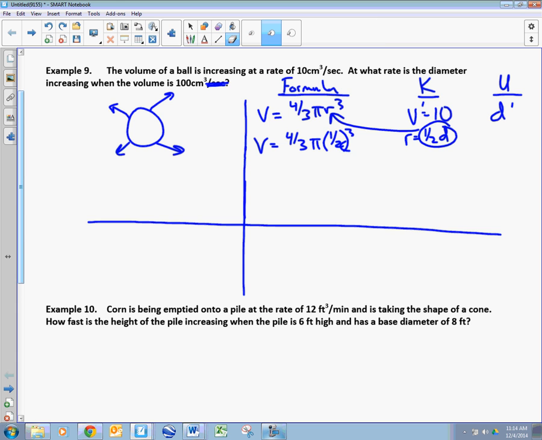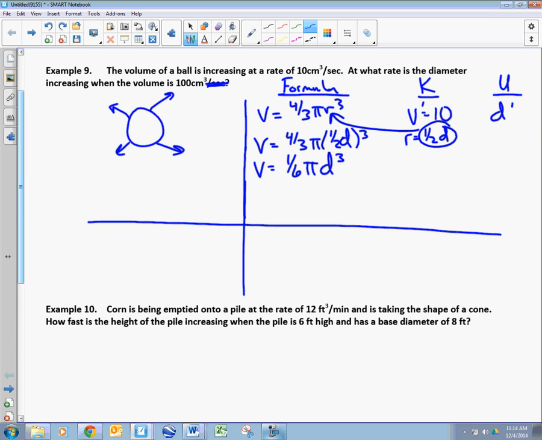Oh gosh, horrible drawing today. All right, so what is 1/2 to the third power? 1/8 times 4/3 would be 4/24, and 4/24 is the same as 1/6. So we got 1/6 pi D to the third power.